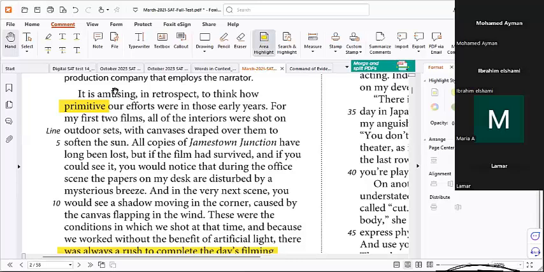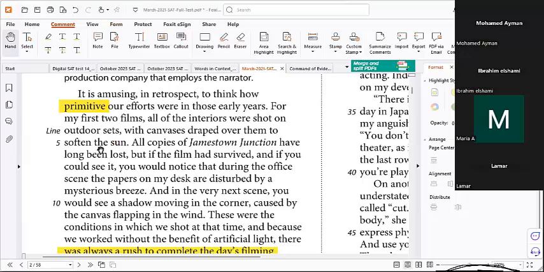Can you go with this question? Okay. Ibrahim, read line number 5.